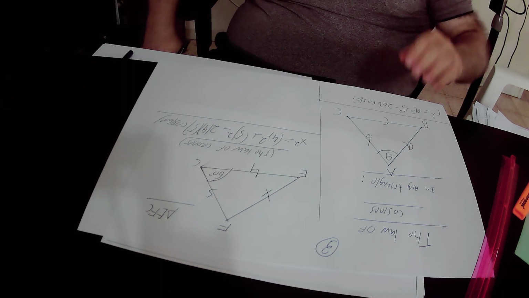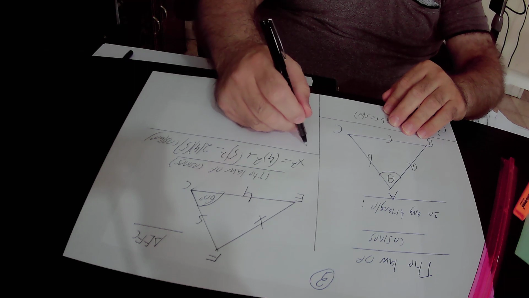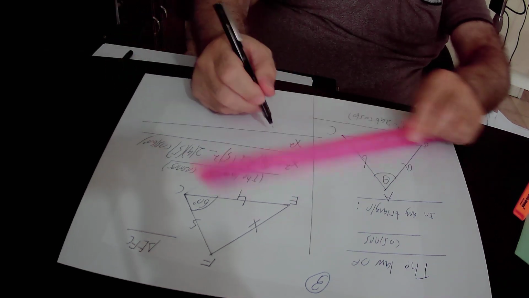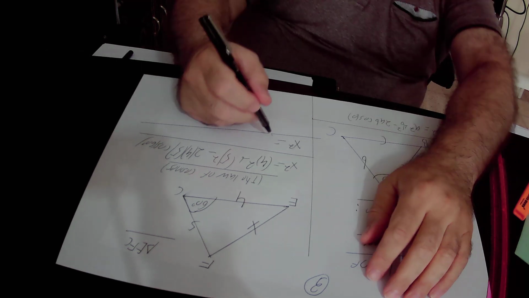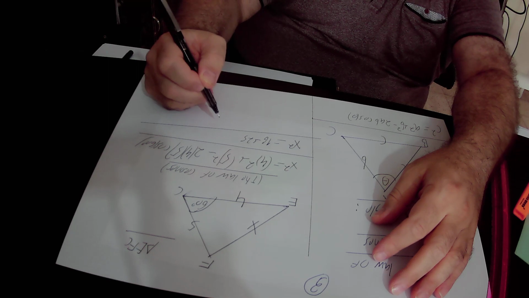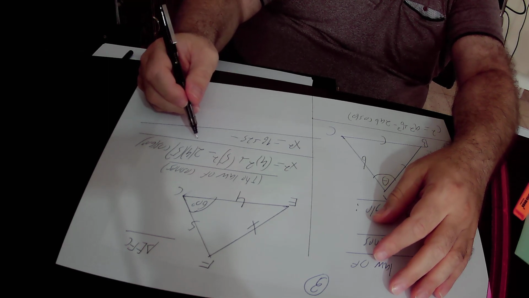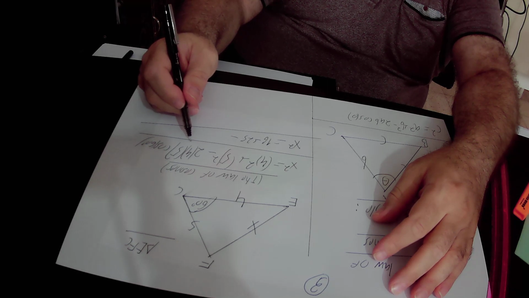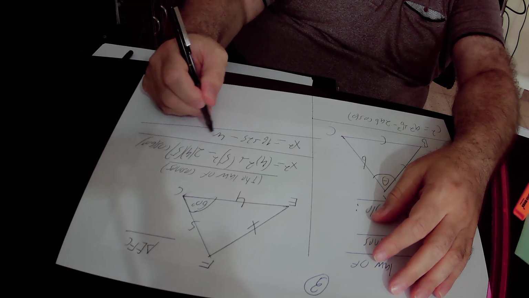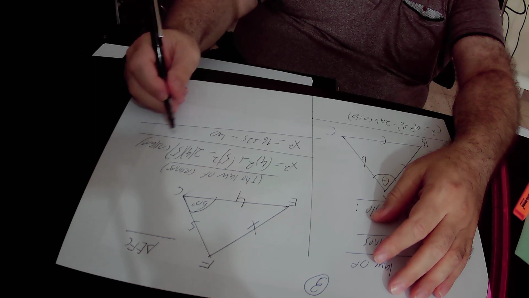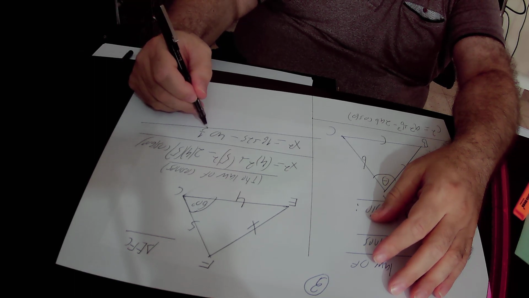So here x squared equals 4 squared, that is 16, plus 5 squared, that is 25, minus 2 times 4 is minus 8, and minus 8 times 5 is minus 40, and cosine 60 degrees equals 1 half, so we substitute cosine 60 degrees by 1 half.